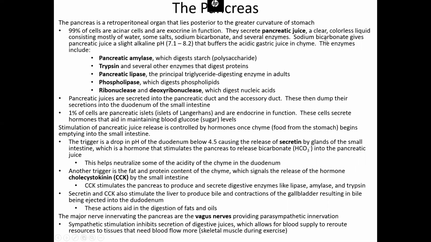First, let's talk about that sodium bicarbonate, which is a base and gives pancreatic juice a slight alkaline pH, 7.1 to 8.2. It's very important to help buffer the acidic gastric juice and the chyme. I said earlier that the stomach is really well suited for the hydrochloric acid that it produces. It's got a thick layer of mucus protecting it.